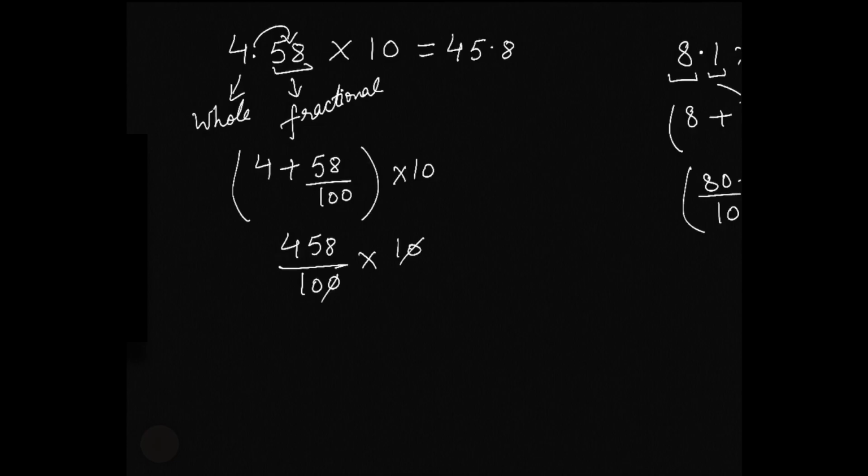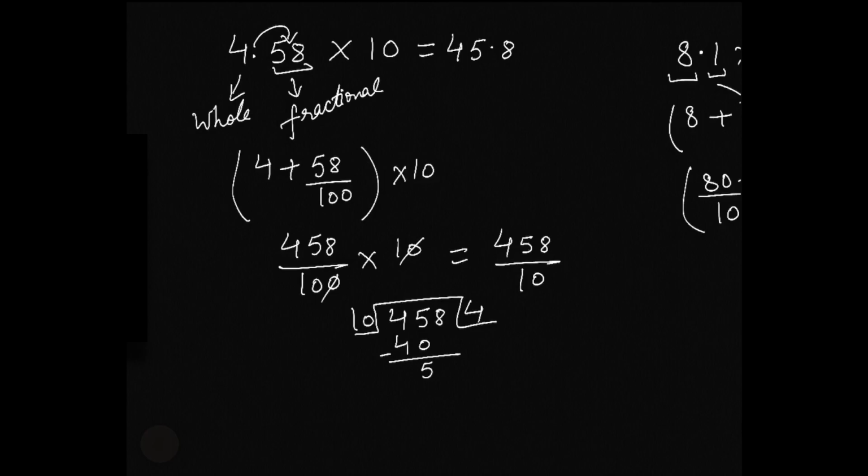This gets cancelled. So now we have 458 by 10. If we divide it, 10 fours are 40, 10 fives are 50.